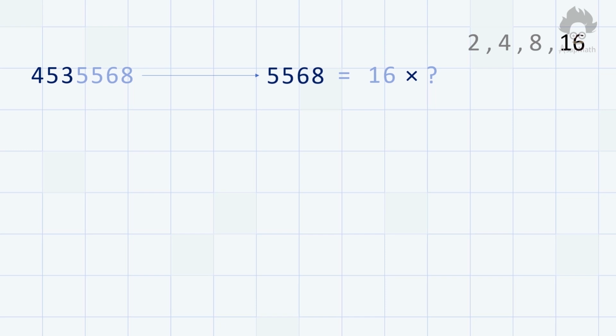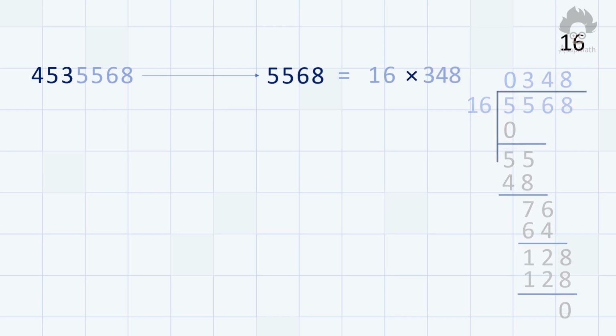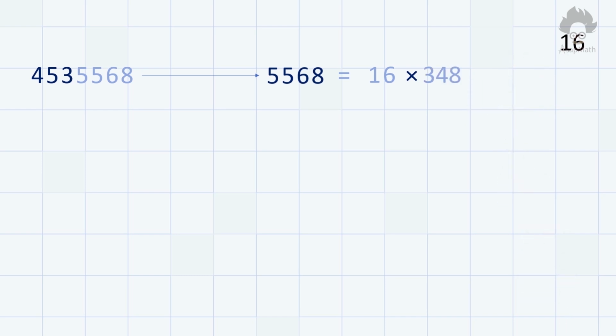As it is a little bit difficult, we will use long division to analyze this. It shows that it is a multiple of 16. So, the whole number is divisible by 16.